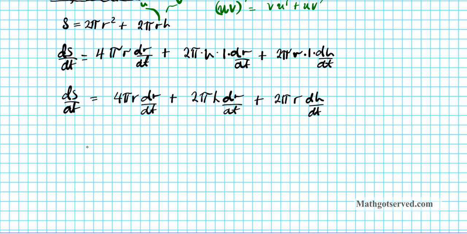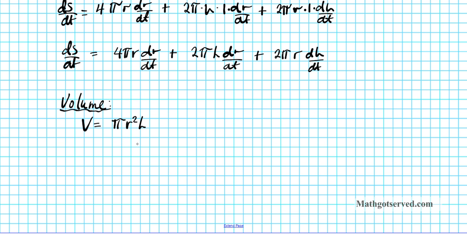All right, let's take a look at the volume of a circular cylinder. The volume of a circular cylinder is given by the area of the base, which is pi r squared, times the height, which is h. Now, how are these rates related if we differentiate with respect to time? dV/dt is equal to, now we're going to have to use the product rule here again. R squared is going to be u, and h is going to be v.